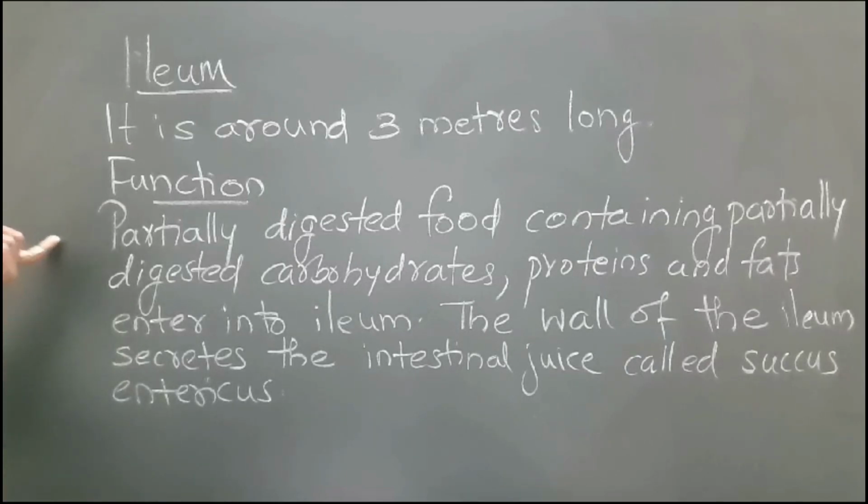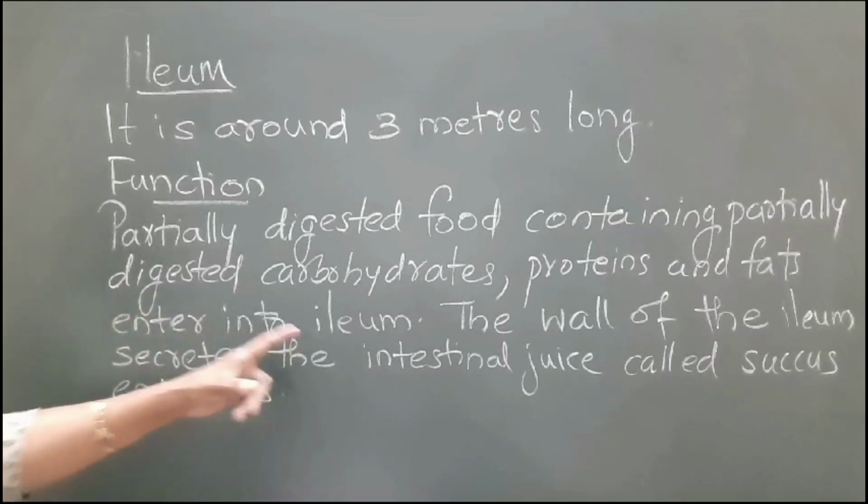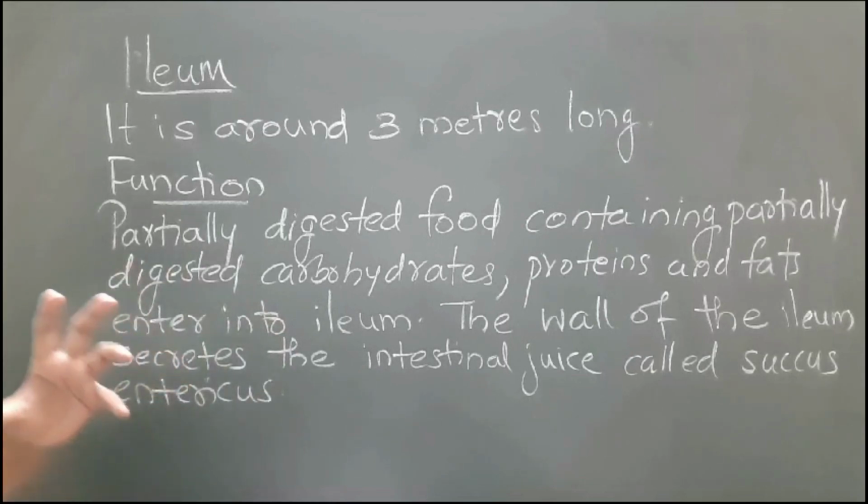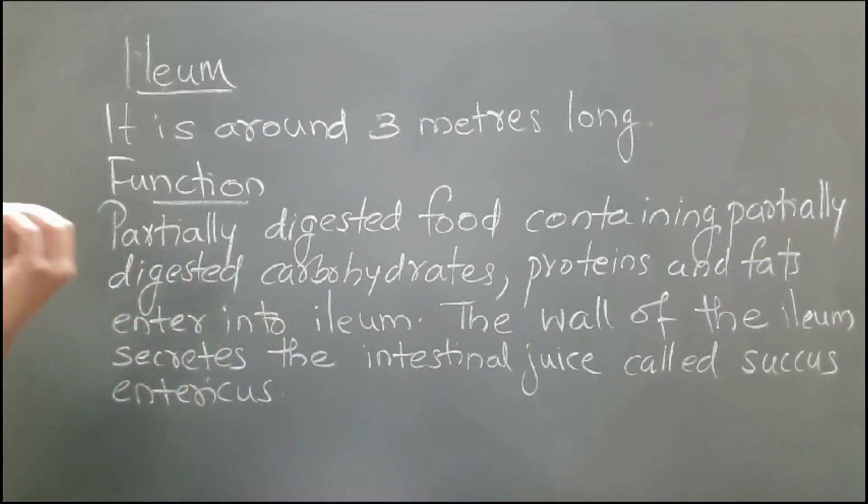That is why it is said partially digested food containing partially digested carbohydrates, proteins and fats enters into the ileum. From the duodenum, the full digestion has not taken place, and still some amount of digestion is remaining.